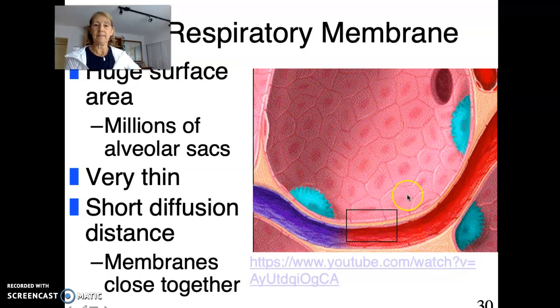You have one cell layer that comes from the alveolus, one cell layer that's on the capillaries. So this oxygen has to cross one barrier, which is the lining of the actual alveolus, and one lining, which is the capillary layer. And then from then it's going to go to a cell that's one layer again.